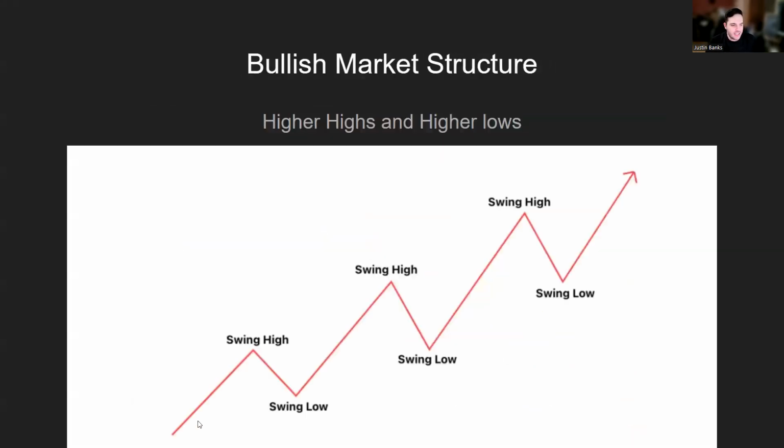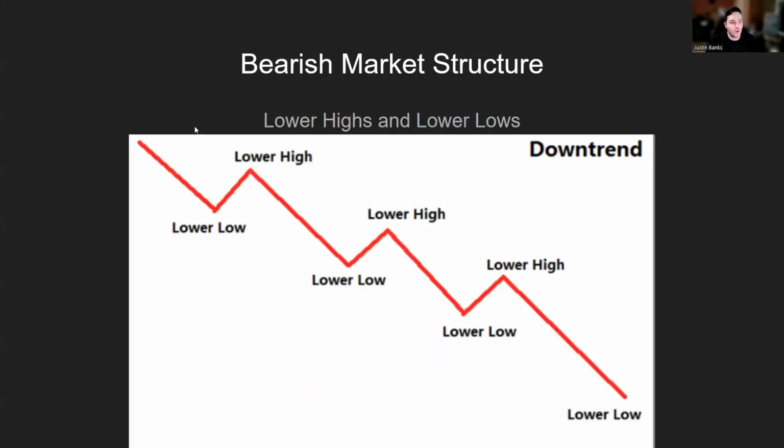When we have these higher highs, higher lows within a bullish trend, we have demand driving that price higher, some profit taking, demand coming back in, driving the price higher, profit taking, demand coming back in, and so forth. And when we have a downtrend or a bearish market structure, we have sellers taking over, driving the price down. It comes into a demand zone, and price moves back up because there are buyers coming in within this demand zone.